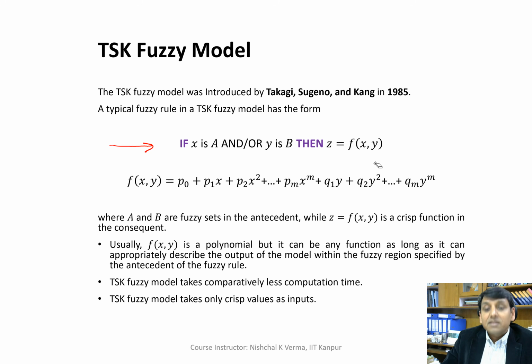So this takes very little computation time. Then the TSK fuzzy model takes only crisp values as the input. Please note this very important point: in the Mamdani, Tsukamoto and Larsen models, we had the inputs in the form of fuzzy or crisp. But here in the TSK fuzzy model, the inputs, that means x and y, are only crisp values.